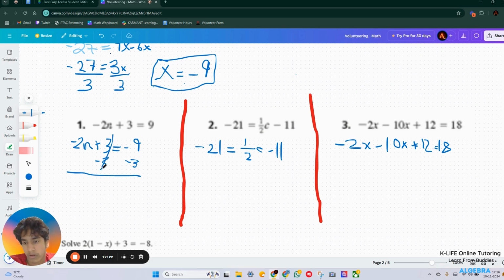So you cancel that out, okay? So now you have 2n equals negative 12. So n, actually, let me divide it for you so it's easier. So n would equal negative 6.